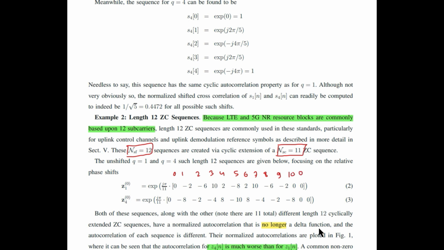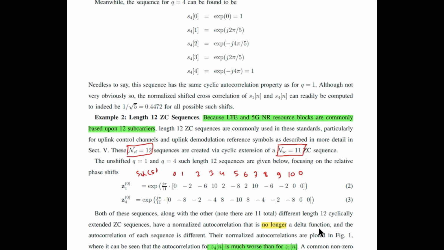Then we simply put it in the equation and we get the value of s, so we put it in the equation like this, and from there we can get this value.